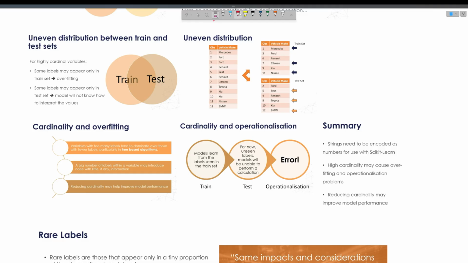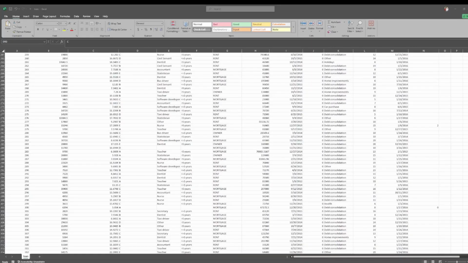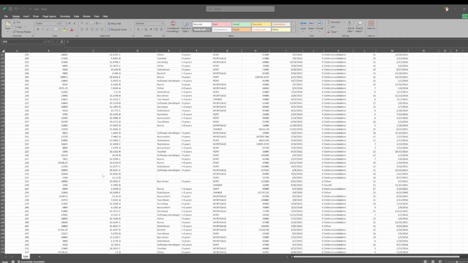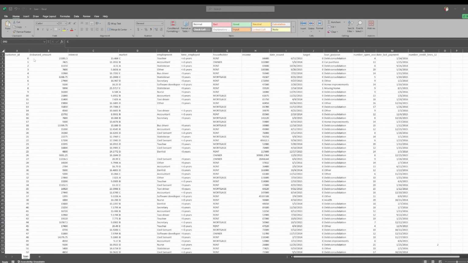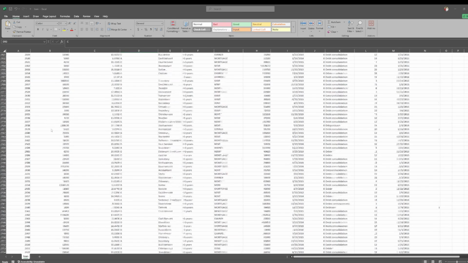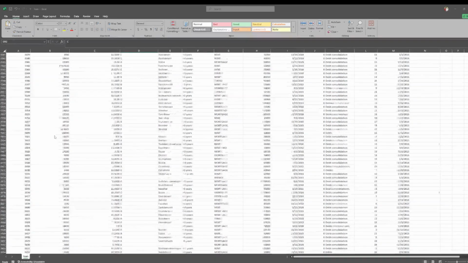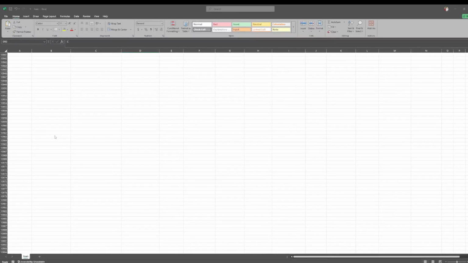Now let's talk about this very interesting factor: uneven distribution between train and test datasets. Let me tell you what the train and test datasets are, since if you are totally new you might not understand. Starting from 1, how much data do we have?